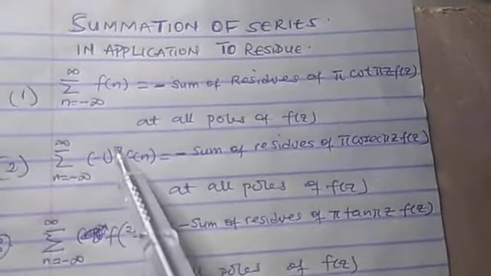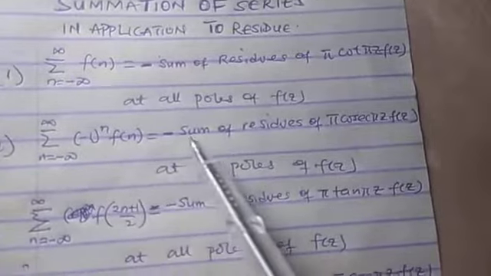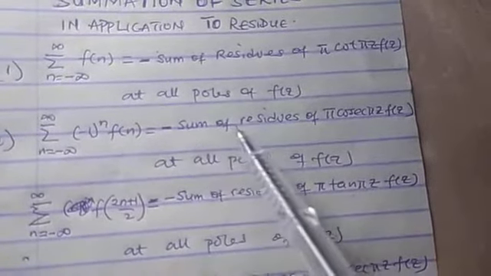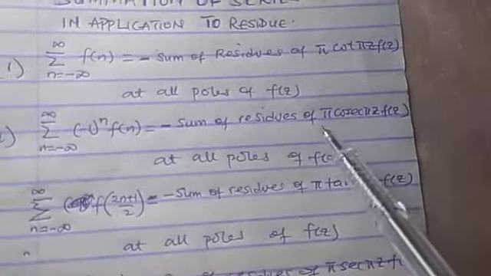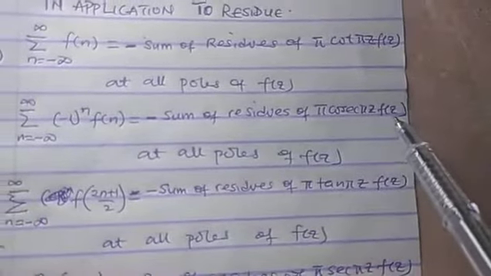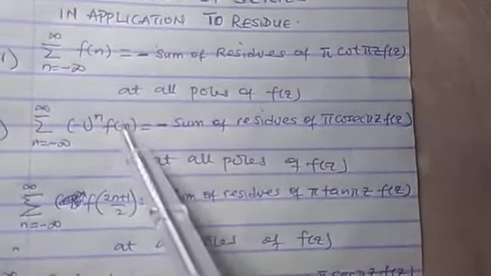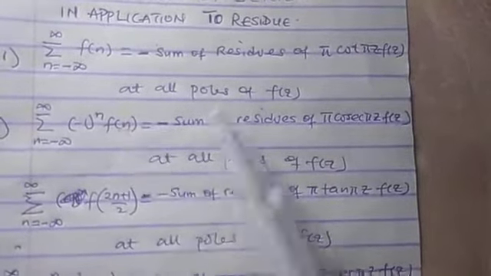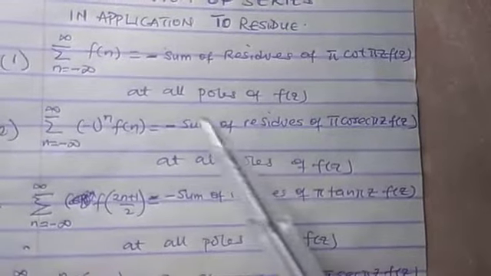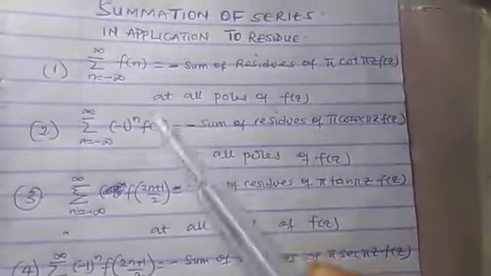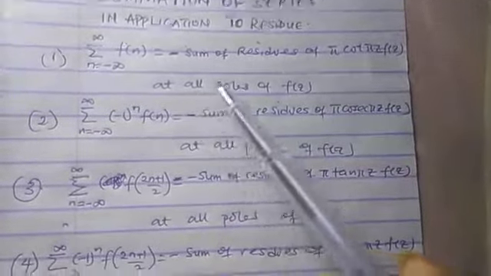If you have minus 1 raised to power n, the best to use is minus summation of residues of pi cosec pi z times f of z. Our f of z is from this place, at all the poles of f of z, and these two as well. These two are not that important, but these two we need to take note of, this 1 and 2.